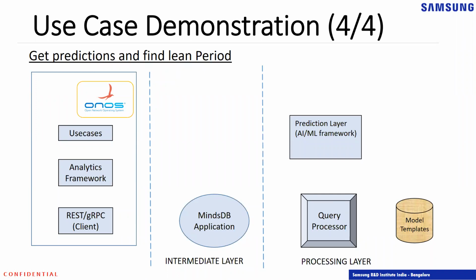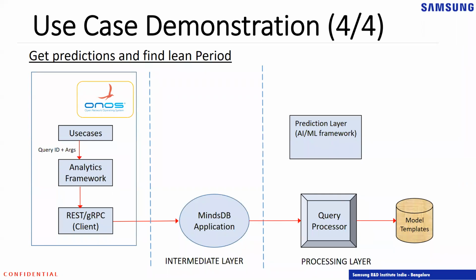So now he will, with the help of that query ID, which is similar to template ID, give the query ID to the analytics framework, and if he needs to specify the arguments by himself, then he can also provide those arguments. So the arguments on the query ID will be passed to MindsDB. So MindsDB will give those things to the query processor.